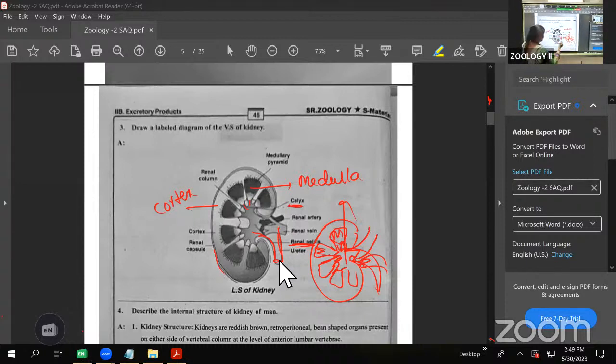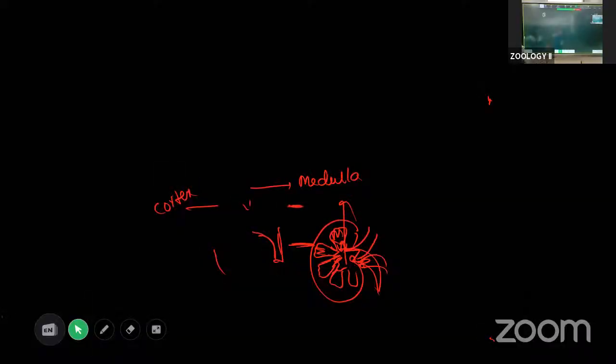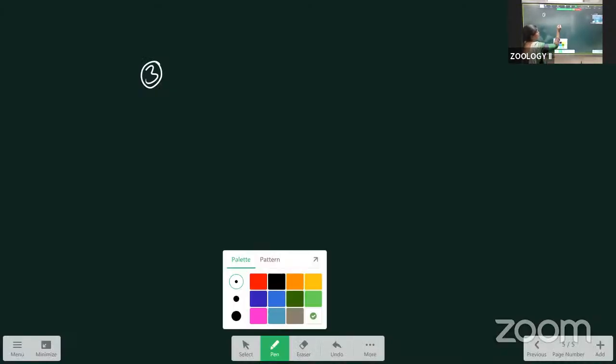I'll draw the diagram. See this one. You practice the diagram like this only.